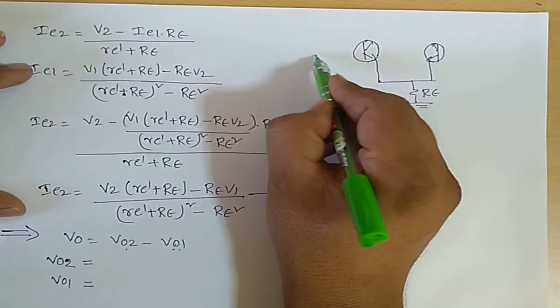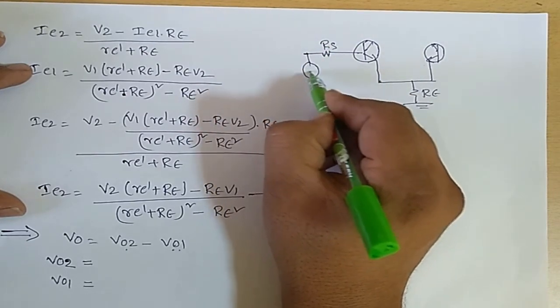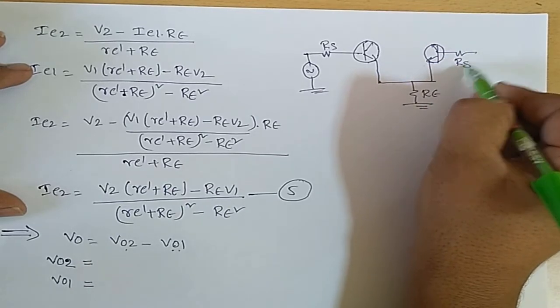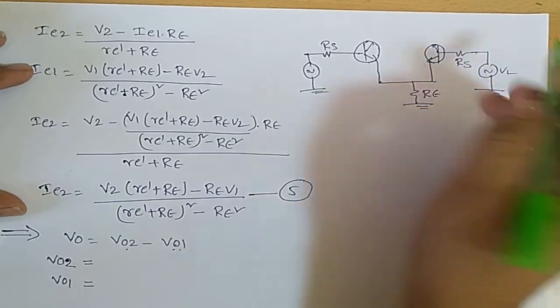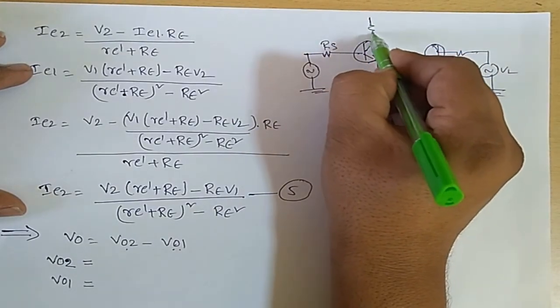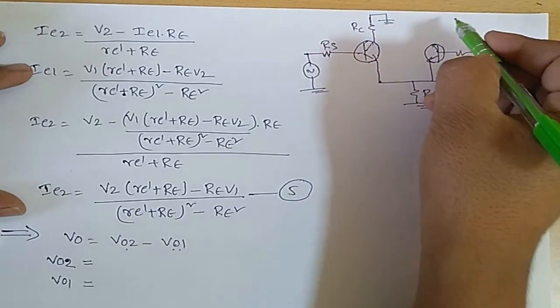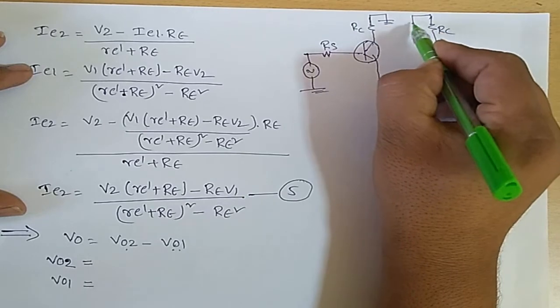This is grounded, and here we apply the source resistance RS and the input voltage. Here we connect the source resistance RS and apply the input voltage V2. Here we have the collector resistance RC, and this is grounded. Similarly here also we have the collector resistance RC, and this is grounded.